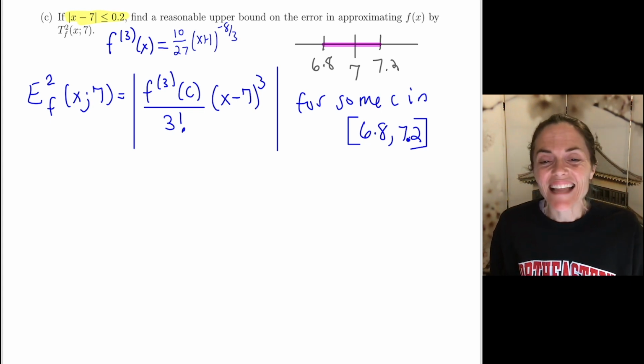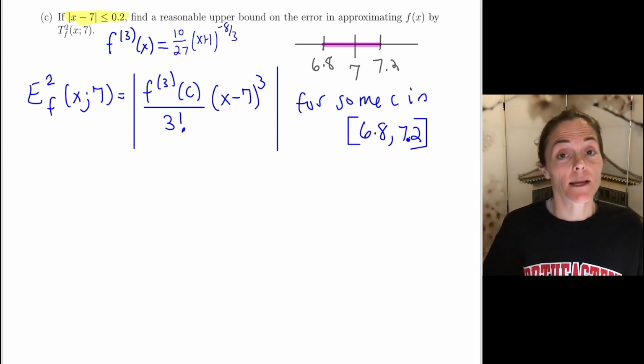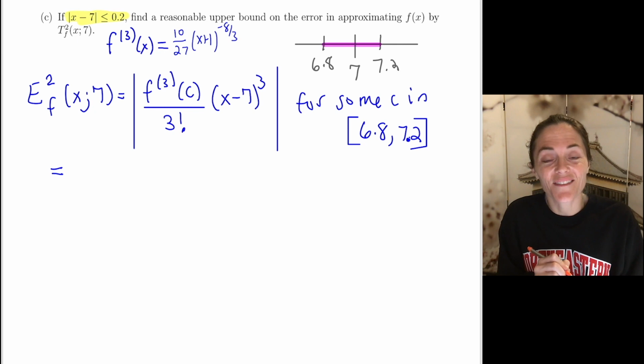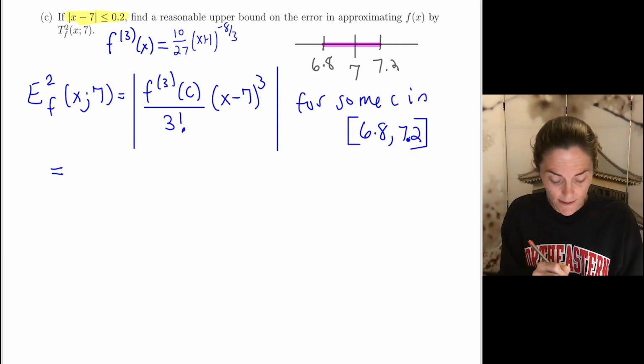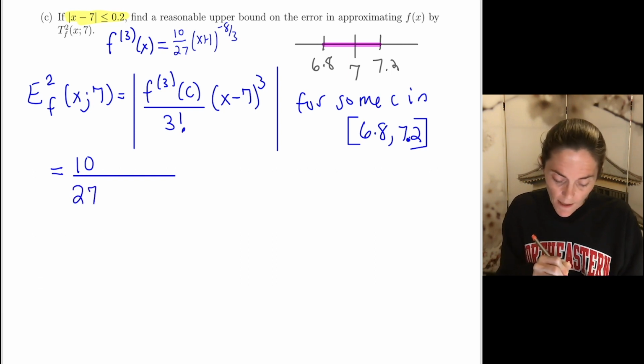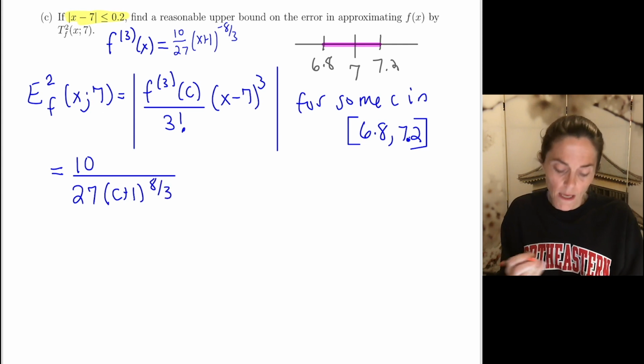Okay, now, once again, two-step process, but let me do the first part of this, and that's just fill in what the third derivative evaluated at C is. So we have 10 over 27, and then we have C plus 1 to the 8 over 3.